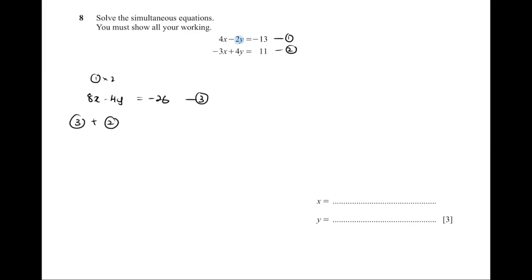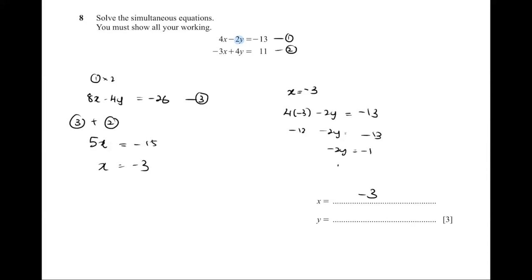Adding them together, 8 minus 3 is 5x. Negative 26 plus 11 will be negative 15. x is equal to negative 3. Just put it back in wherever you want. Negative 13 plus 12, negative 1, y is equal to half. That's it.